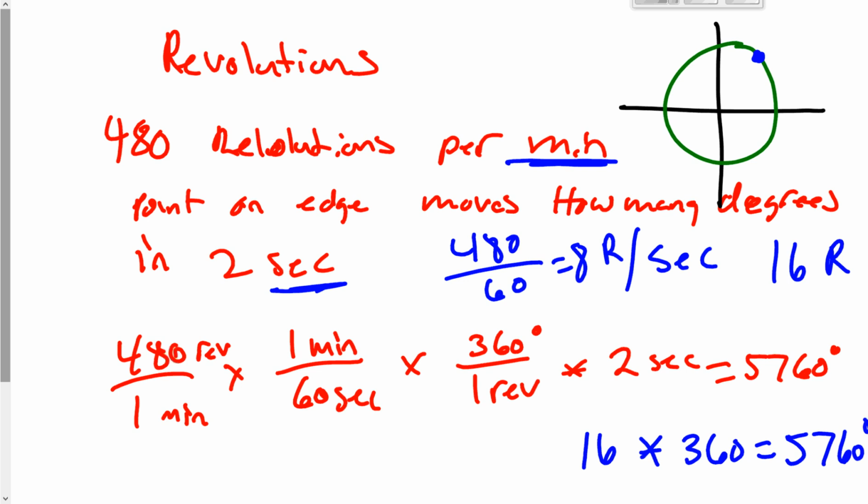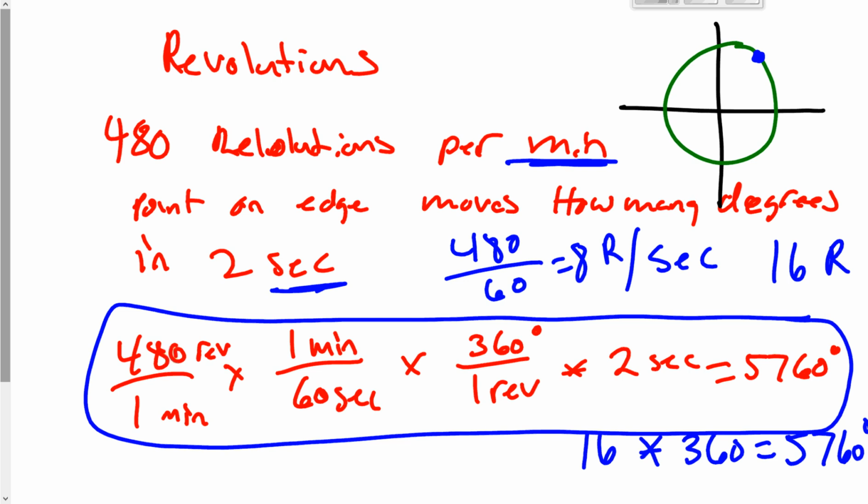Another way to do it is to set it up like you do in science. I have 480 revolutions per minute. I times that by 1 minute over 60 seconds, so the minutes cancel, since I'm trying to figure out how many seconds. Then 360 degrees in every revolution, so the revolutions cancel out and we're left with seconds.